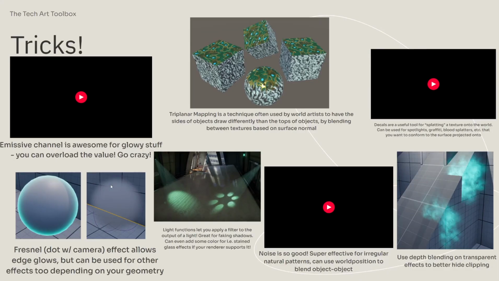This is just a regular sphere, but I'm using a Fresnel effect with some math on it to make this kind of fade out. And that's pretty simple. You just do a dot product with the camera. I'll talk about some math later as well. So if you don't have a Fresnel node in your material editor, you can just do a dot product with the camera vector.